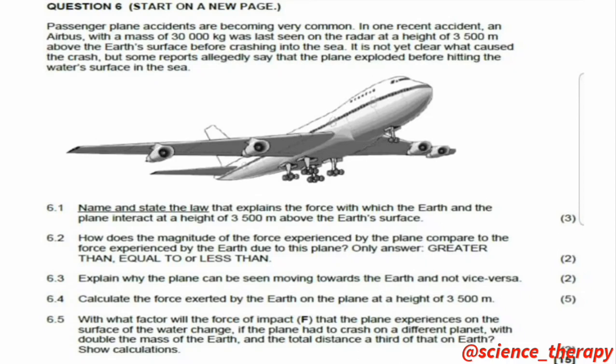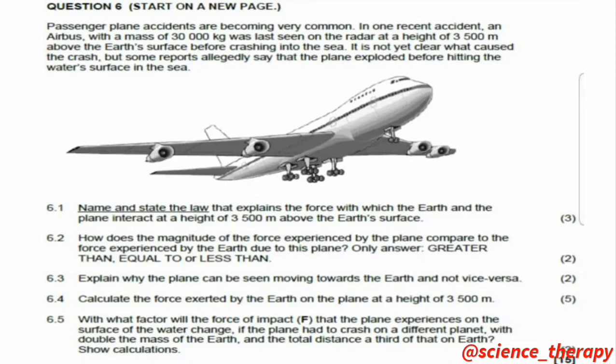Then 6.3 says, explain why the plane can be seen moving towards the Earth and not vice versa. Why we don't see the Earth moving towards the plane, but we only see the plane moving towards the Earth. This has to do with the relativity of the masses, right? We are bound to see an object of a smaller mass moving as compared to the one with a greater mass.